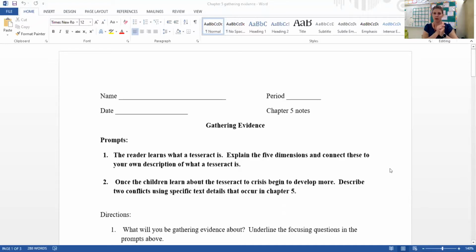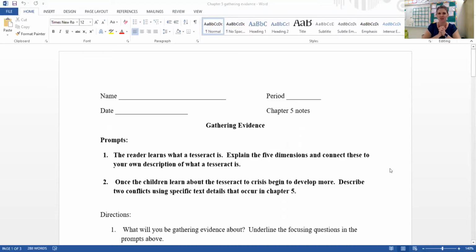The second prompt that we'll be trying to find the evidence for in Chapter 5 reads, once the children learn about the tesseract... that's a typo. I already turned them in, so let's fix it on our paper.